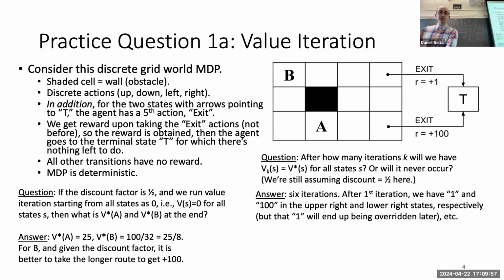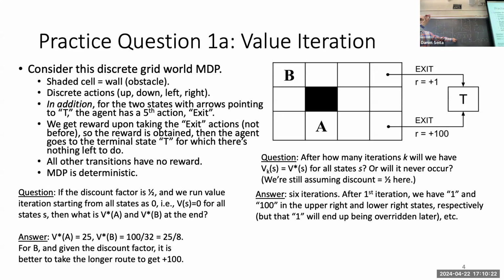After 2 iterations of value iteration, we get 50, 50, and 1/2 here. Because the discount factor is 1/2.